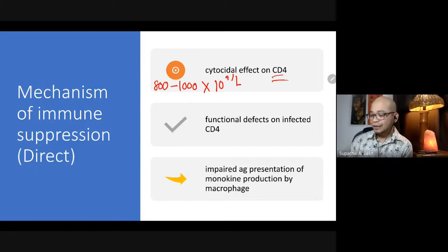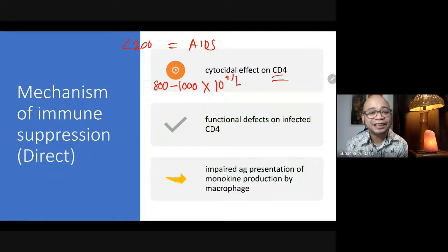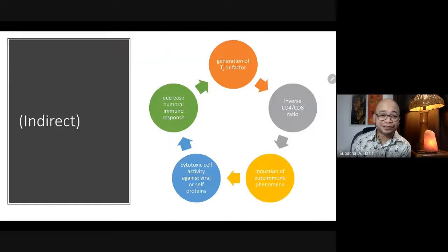So if it becomes below 200, then the condition would be AIDS. Then there would also be functional defects on infected CD4 and impaired antigen presentation of monokine production by macrophages.